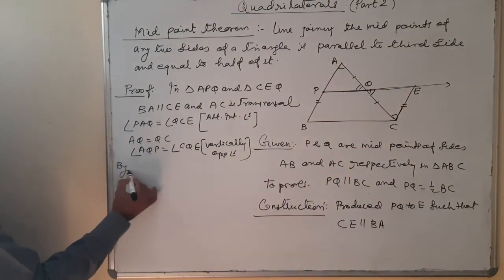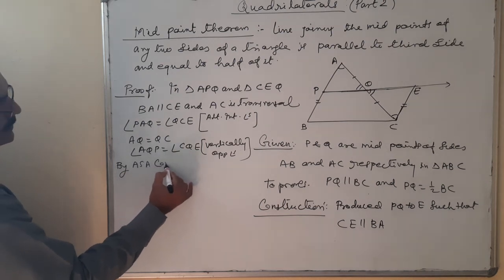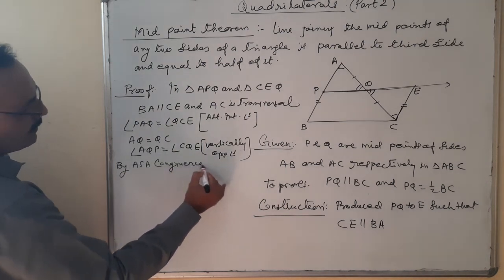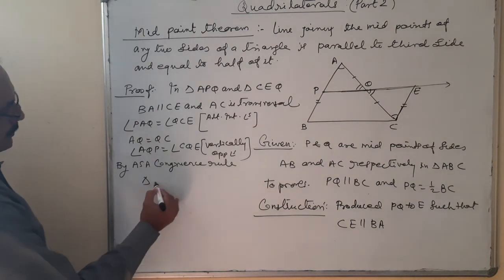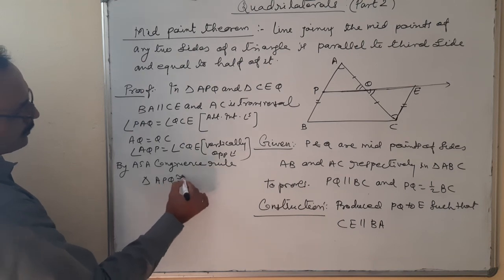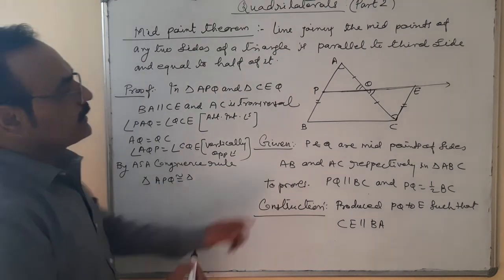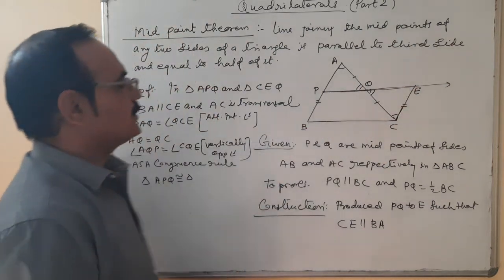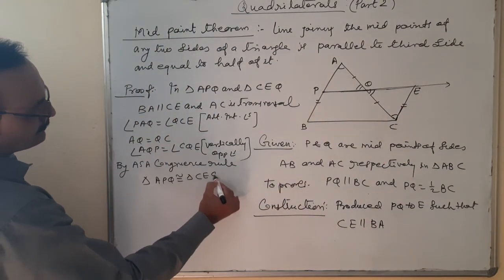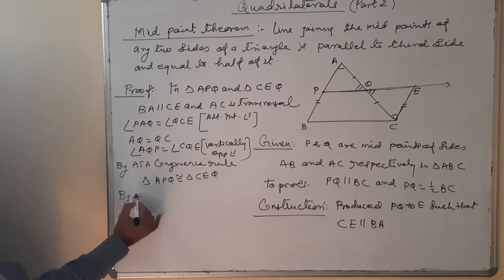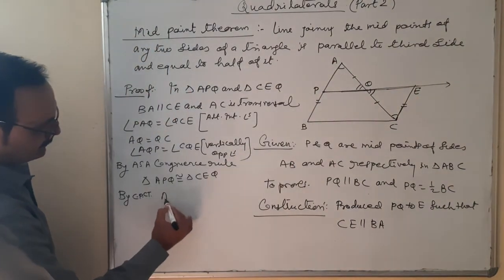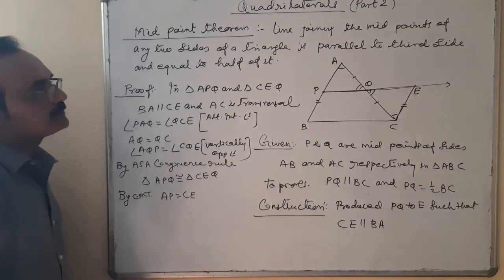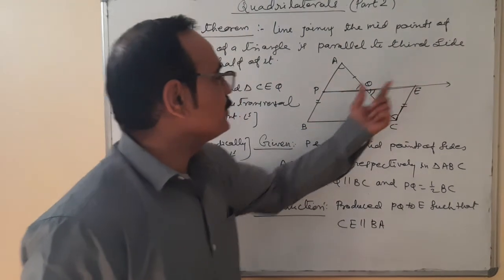By the angle side angle congruency rule, triangle APQ is congruent to triangle CEQ. Therefore, by CPCT, corresponding parts of congruent triangles, AP is equal to CE. Number one. Number two, PQ is equal to QE.